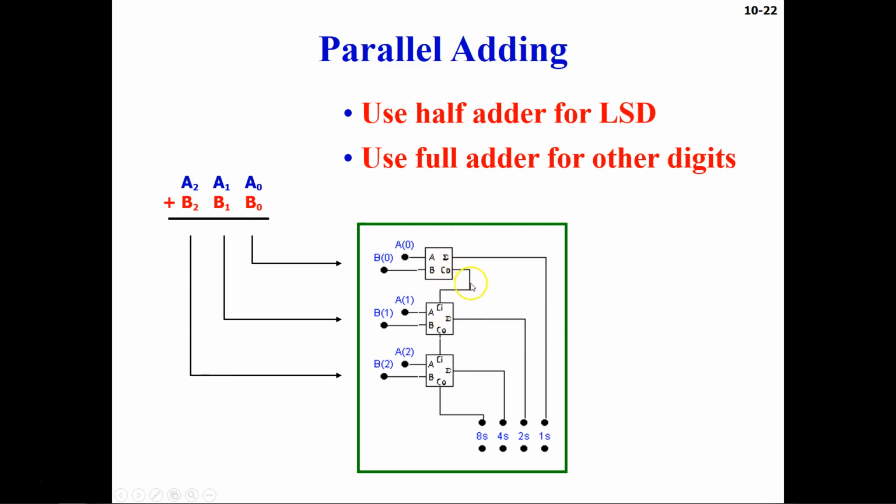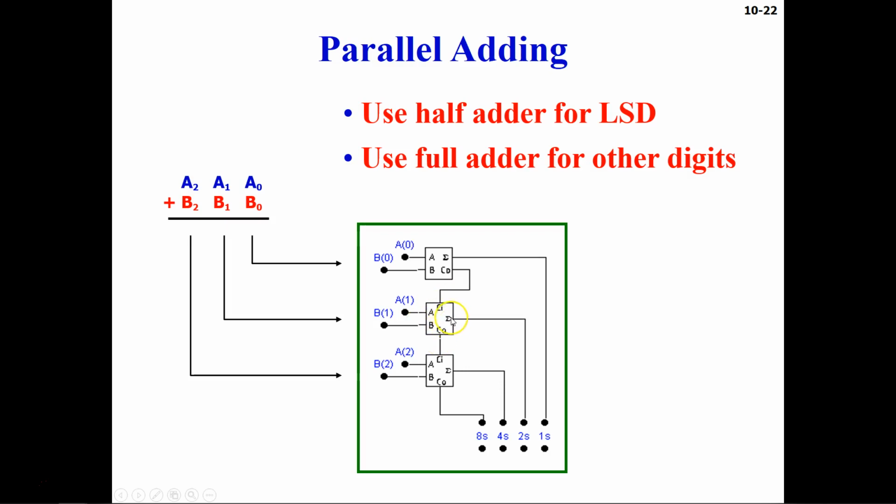The carry output of this adder will be your carry in for the second adder, which is a full adder. If you remember, in the full adder we had A and B inputs, a carry in, a carry out, and a sum.